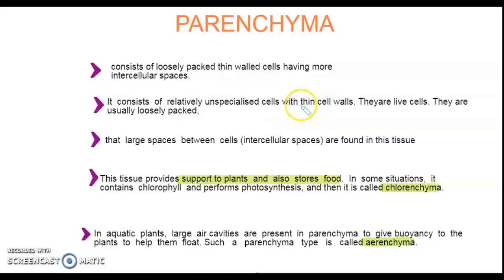They have thin cell wall, they are living cell and they are loosely packed. As they are loosely packed, they have greater intercellular space. What is intercellular space? The space between two cells. Means where two cells join, they have gap in the middle.